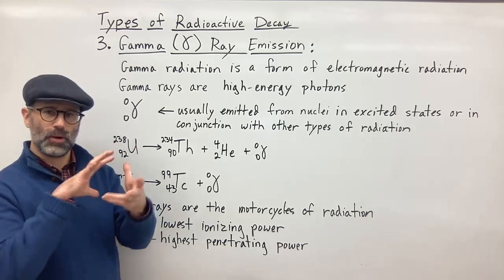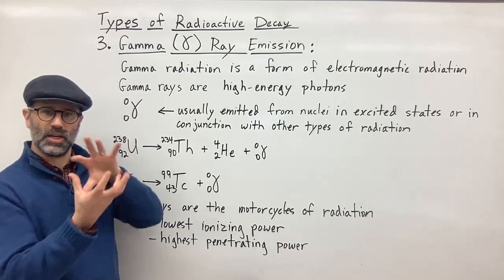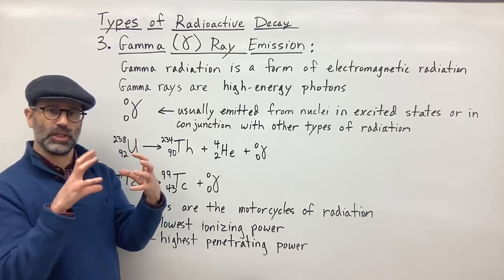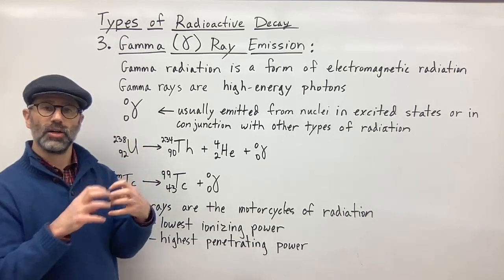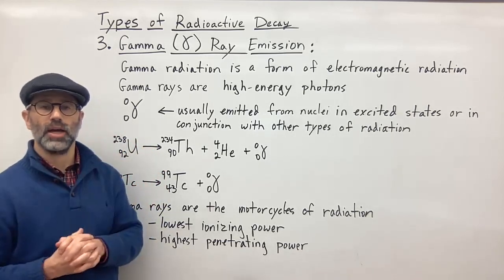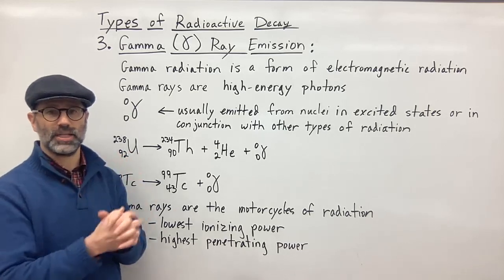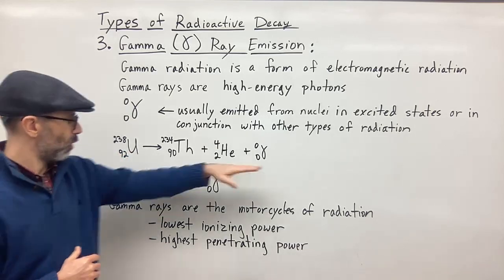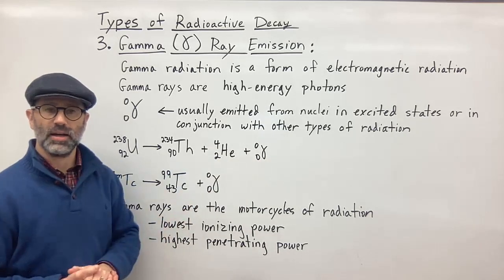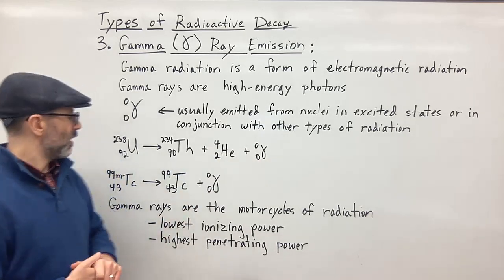And that rearrangement of the nucleons in the nucleus is what causes the release of energy, because it's becoming more stable, and that energy that's released is what we call gamma radiation.